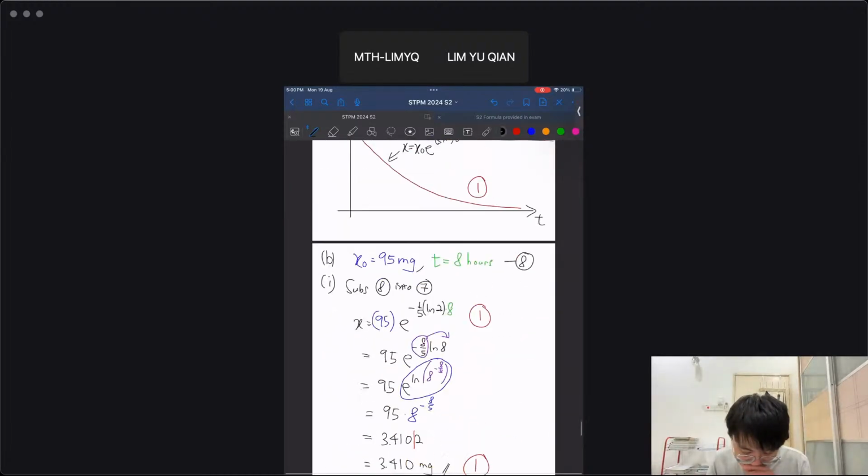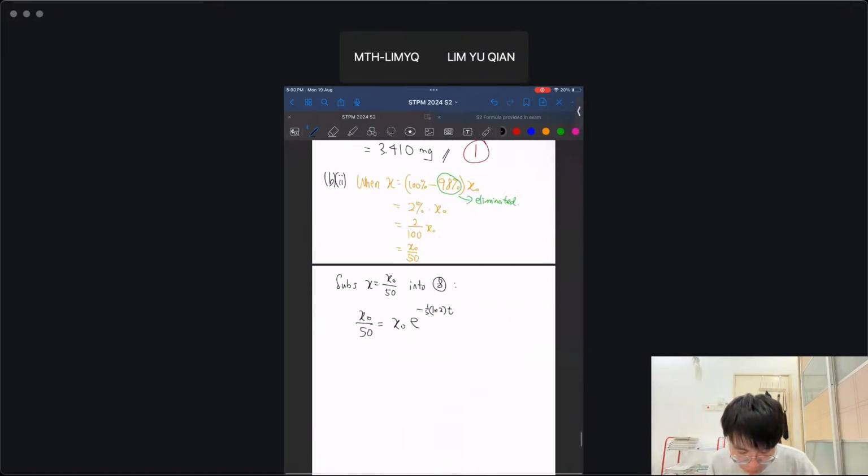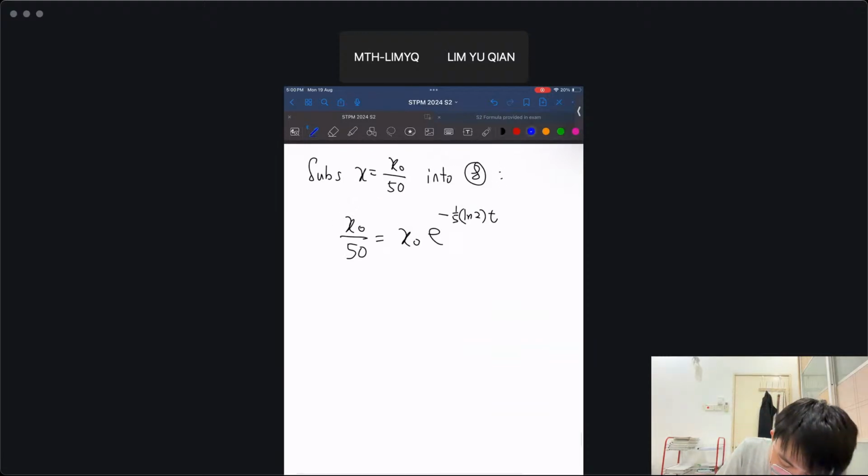So this x naught can cut. So 1 over 50, take ln both sides: ln 1 over 50 equal to negative 1 over 5 ln 2 t.